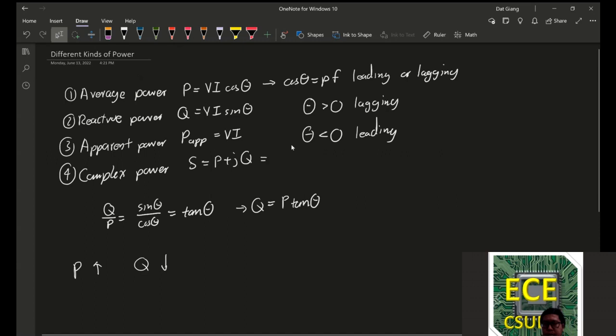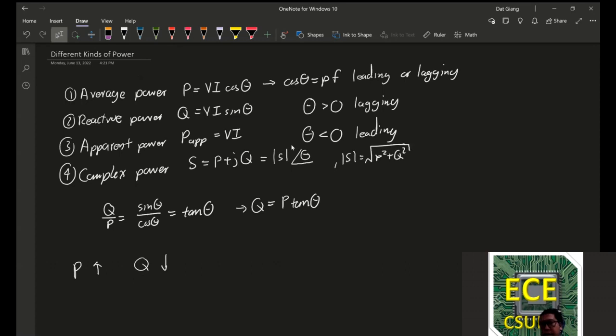We can also express this in polar form as S angle theta, where the magnitude of S is equal to the square root of P squared plus Q squared.